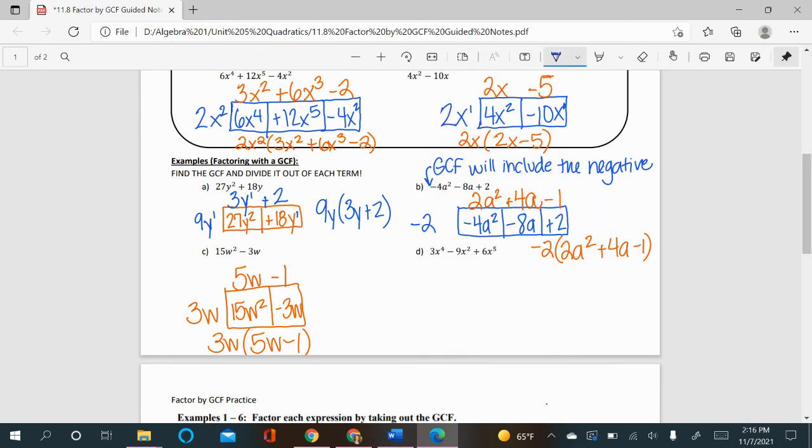All right. And then the last one. So 3x to the 4th minus 9x squared plus 6x to the 5th. All right, I can divide all of these numbers here by 3. And then the variable with the lowest exponent is x to the 2nd.